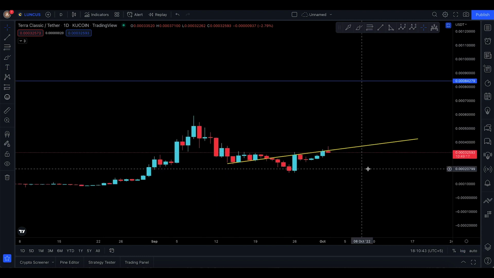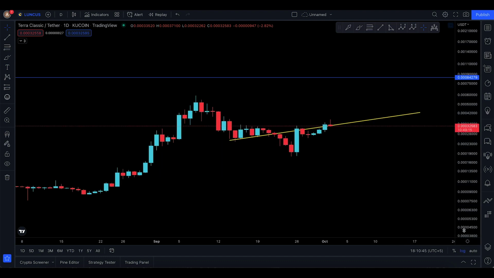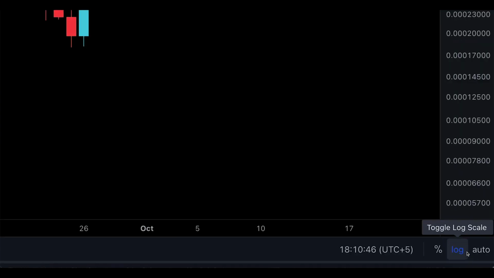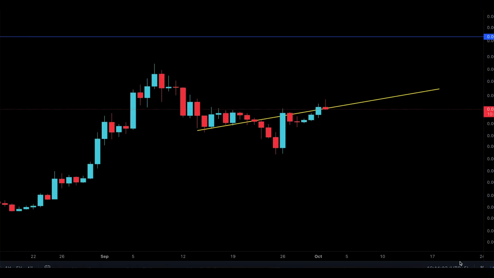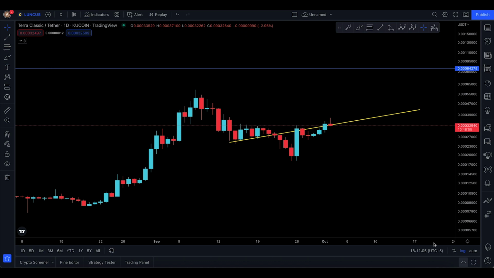Okay, so what I'm going to do is actually turn off the log scale, and this is what I wanted to talk about today. Binance, by default, has its charts set with the log scale turned off. But if you look at TradingView, there's an option to turn it on and off. Normally I turn the log scale on, and there's a huge mathematical difference in the calculations when it comes to the numbers here.